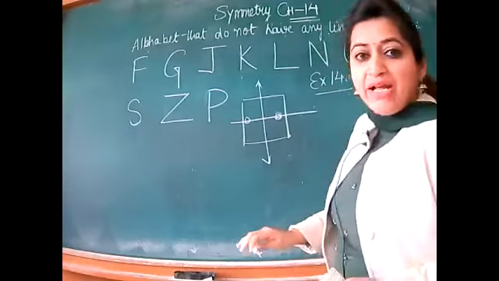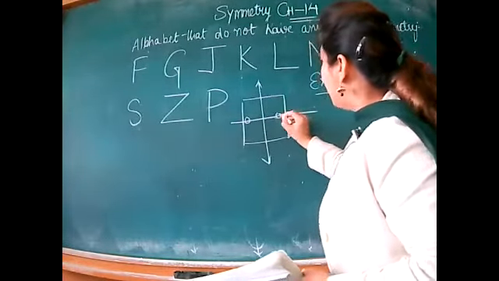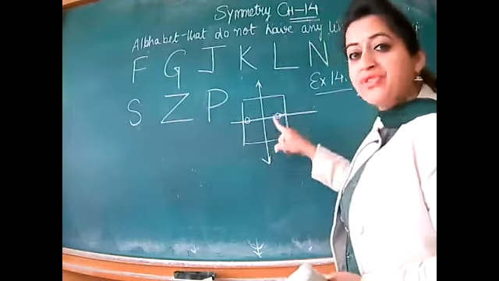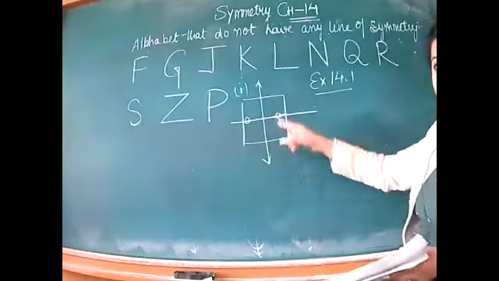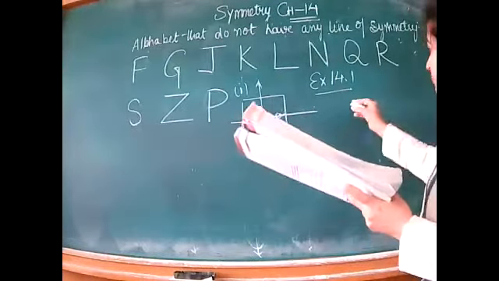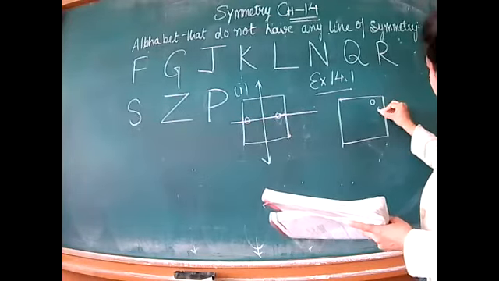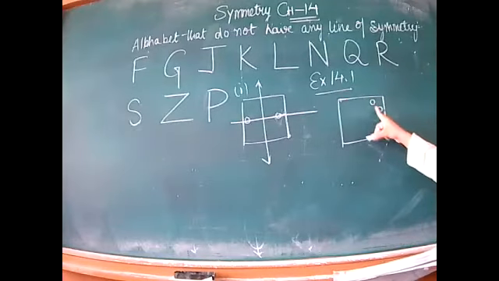As you know, in case of a square you have 4 lines of symmetry, but due to these 2 small circles given in the question, you have just 2 lines of symmetry. So the first part has 2 lines of symmetry that you have to draw in the book. See the next part, you have 2 circles here. If you draw the line like this, they will not overlap each other.